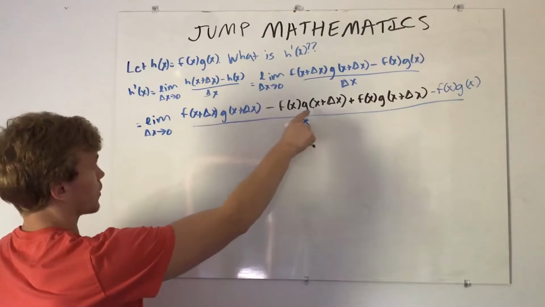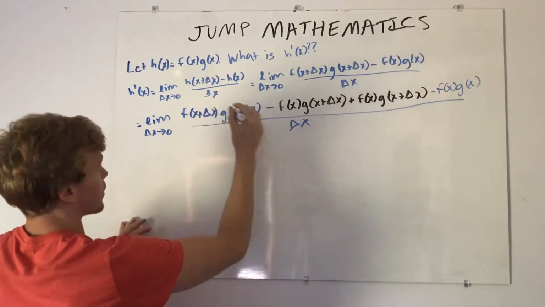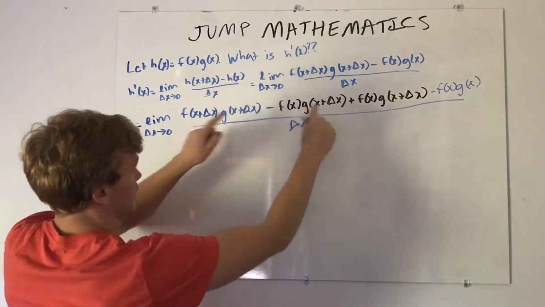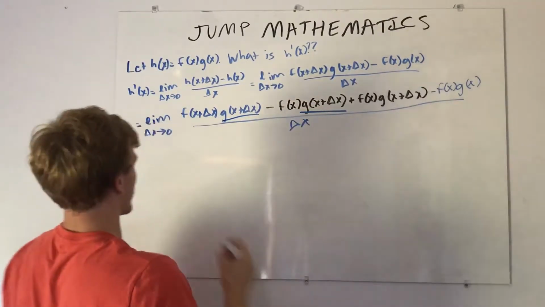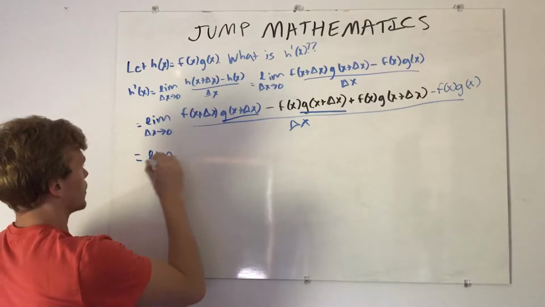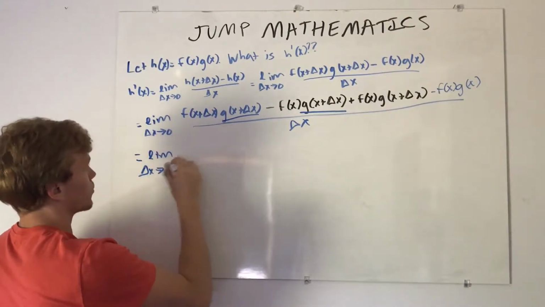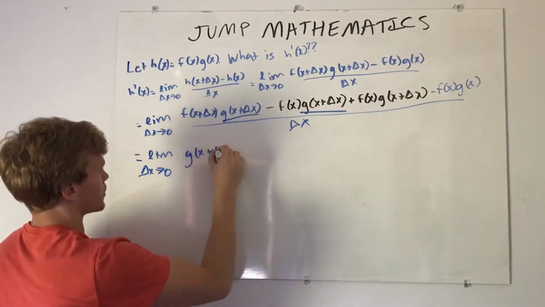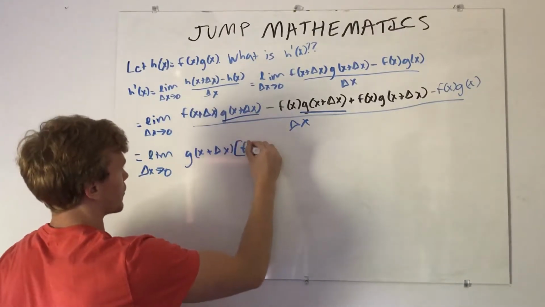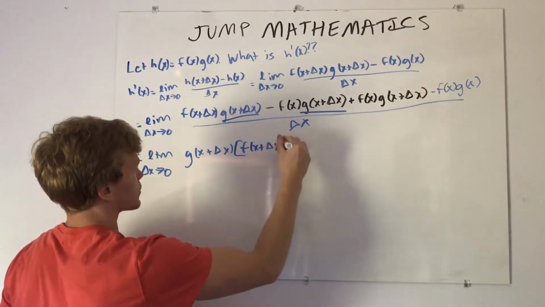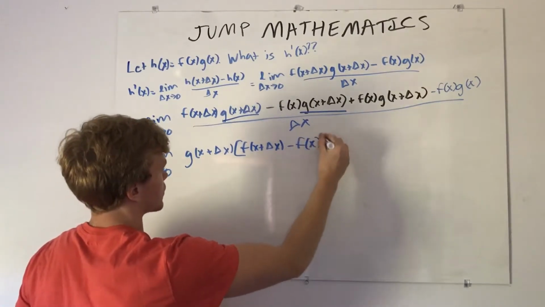So the first thing I'm going to do is I notice that both of these factors have a g of x plus delta x. So I'm going to pull that out. Limit as delta x goes to 0, g of x plus delta x times this factor, f of x plus delta x minus f of x.